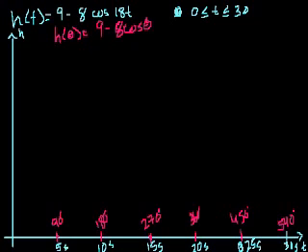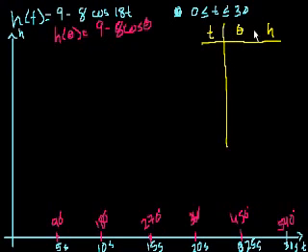So let me draw a table. Tables are always good, and I'll do it in yellow. I'll draw t, theta, and h. This might be a kind of unconventional way of doing things, but I have a simple mind, so this is actually how I like to do it.